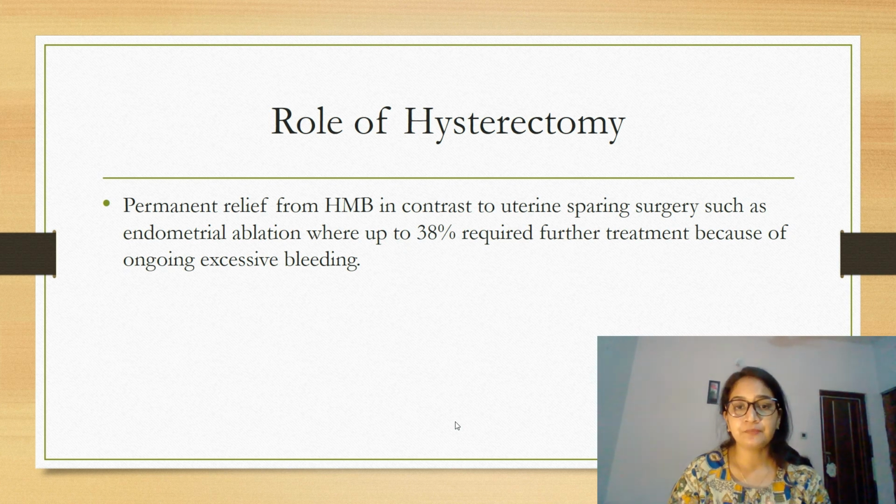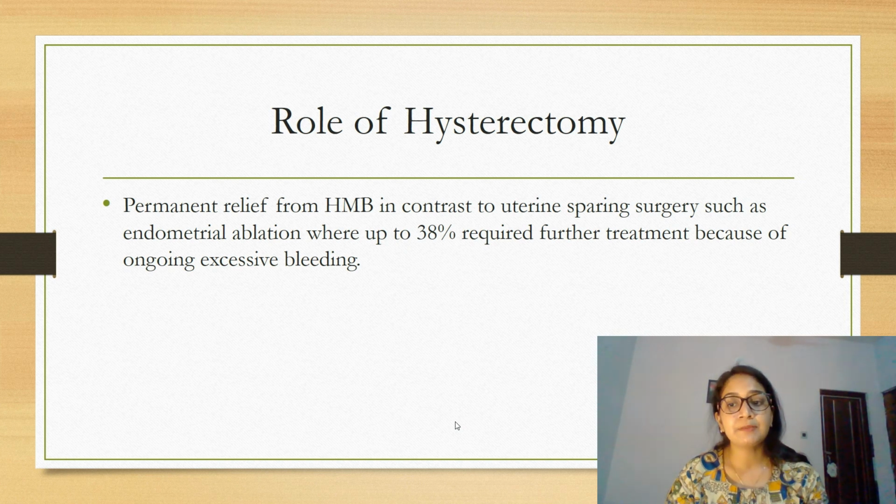It depends on the patient's condition, where the uterus is, how big the uterus is, and what her desired levels are. It also depends on the surgeon, how competent the surgeon is at taking out the uterus abdominally or laparoscopically. That is also a very important thing.